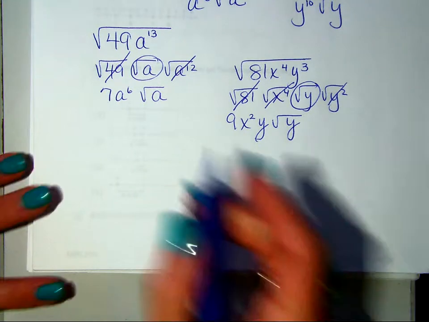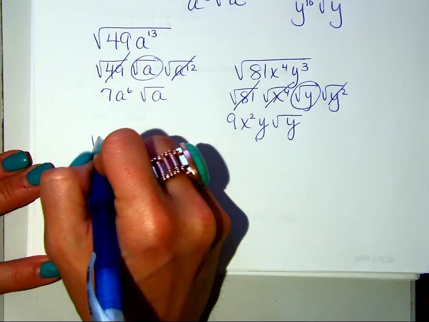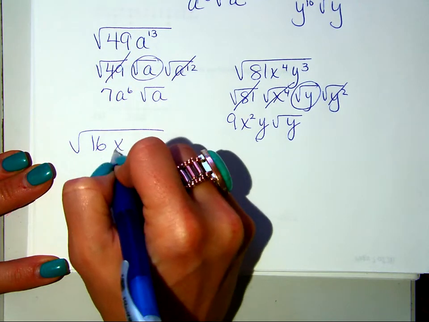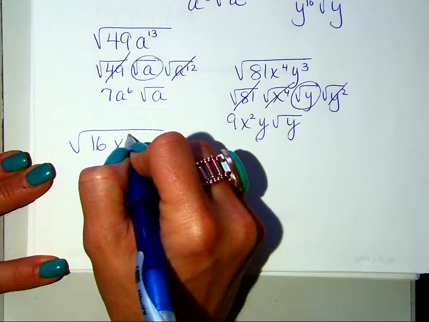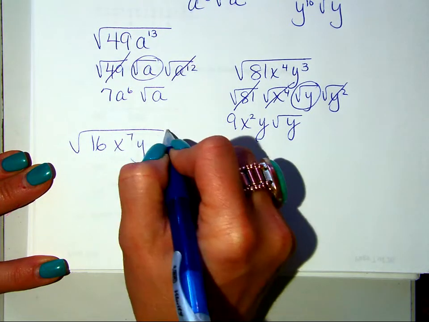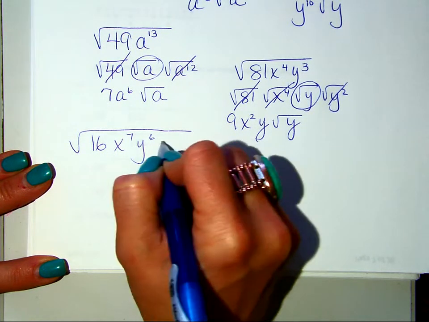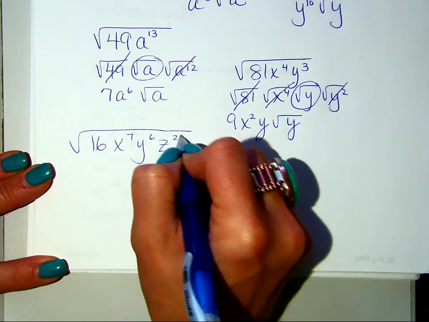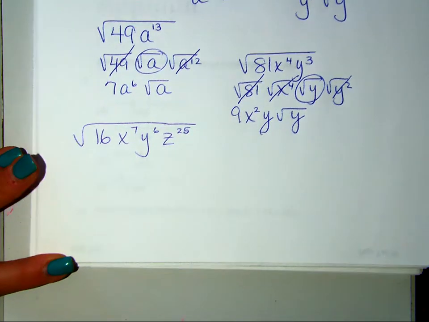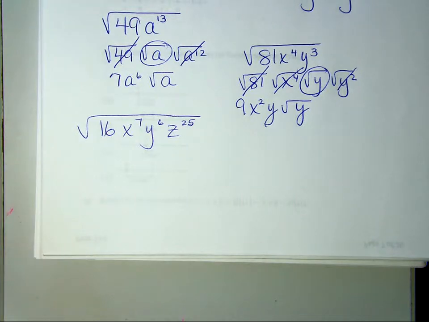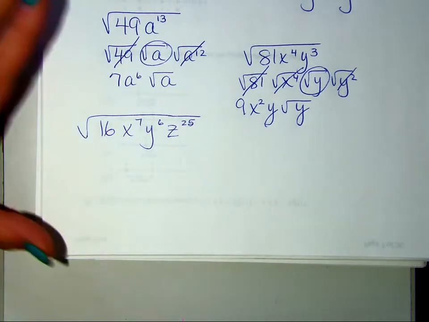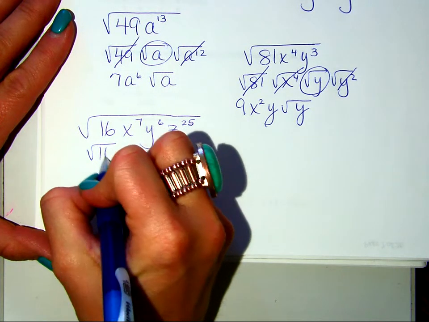So now let's do this one. 16 x to the 7th, y to the 6th, z to the 25th. Set it up. This has got to stay.